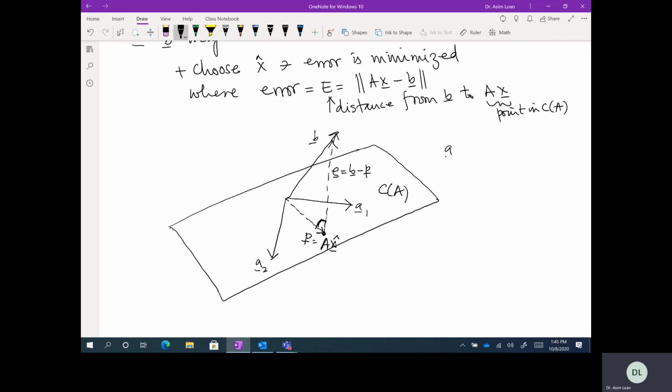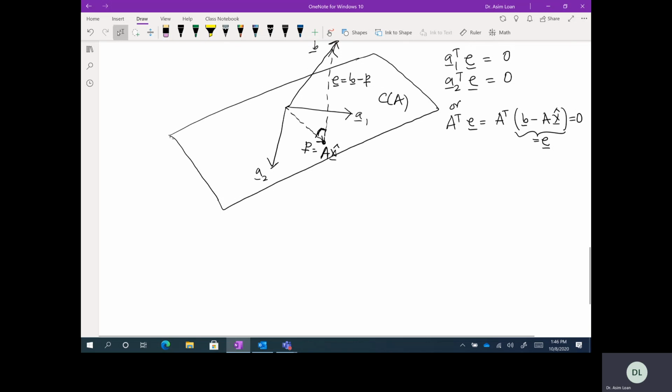So we say A1 transpose E is equal to 0 because this is orthogonal. A2 transpose E equals 0, or in general I say A transpose E, which is equal to A transpose into B minus AX hat, equals 0. Right? So this is E.